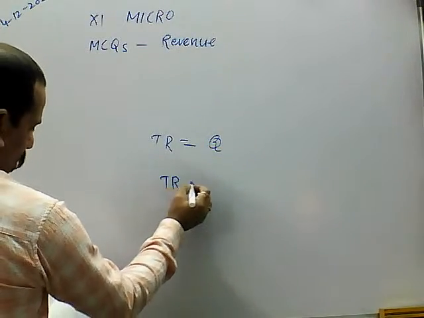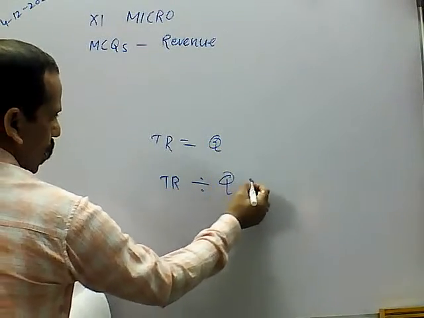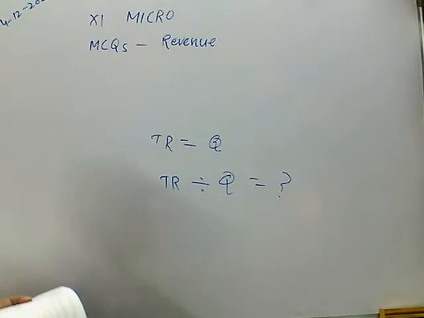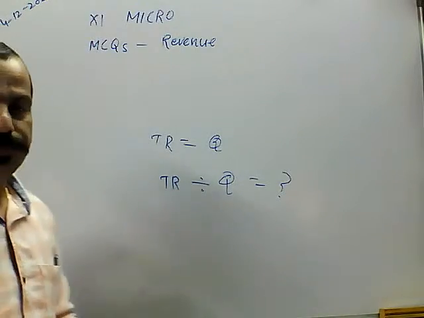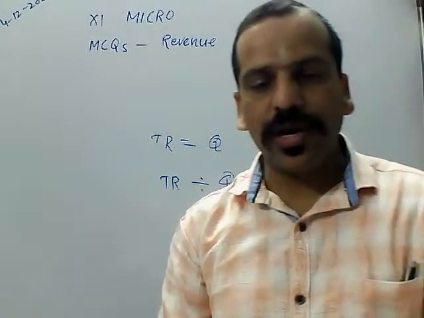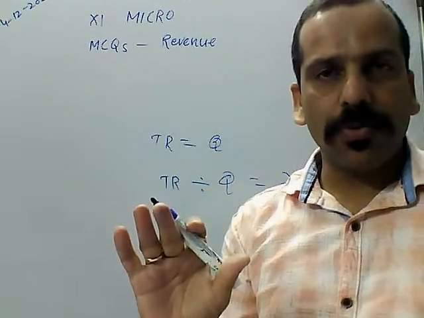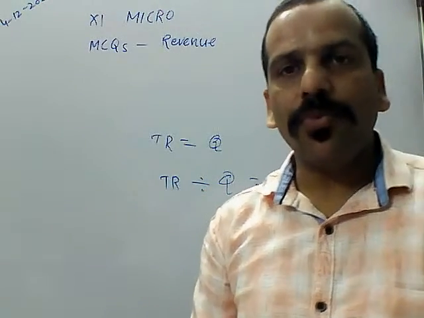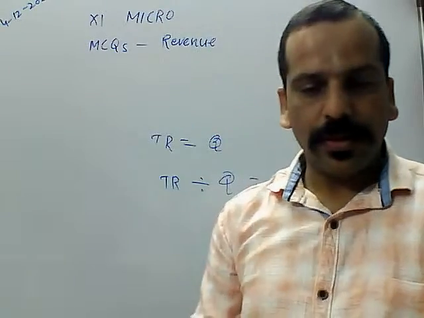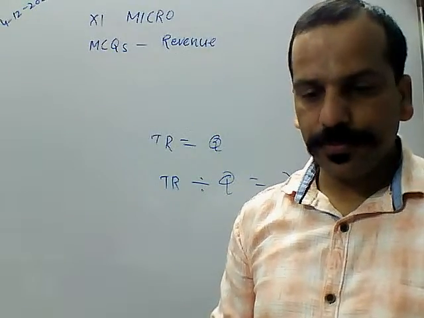First option, zero revenue. Second option, average revenue. Third option, marginal revenue. And fourth option is none of these.